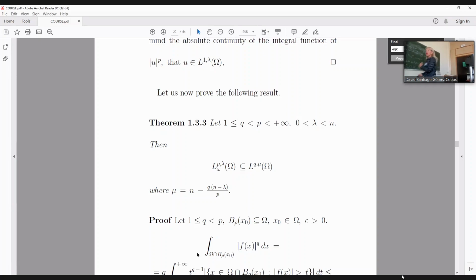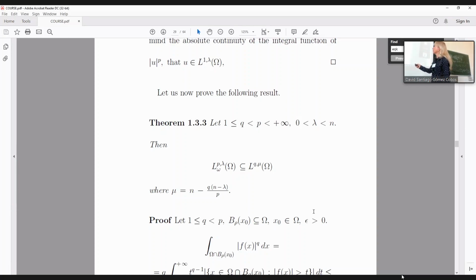What we obtain is that if we have p more than q, both more or equal to 1, and lambda between 0 and n, we have that weak L^{p,lambda} is contained in L^{q,mu}, where q, I said, is less than p, and mu is n minus q multiplied by (n minus lambda) over p. The idea is, in general, to consider a function here and prove that it's in this space.